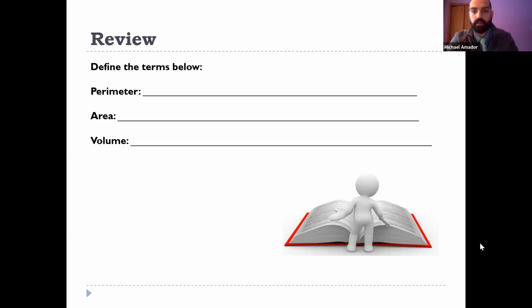So we have about 1 minute left on our review. I see some scholars are ready. I see many scholars have their pencils to the paper.